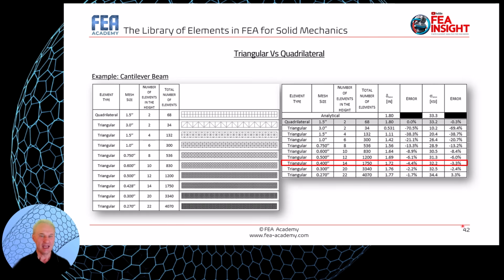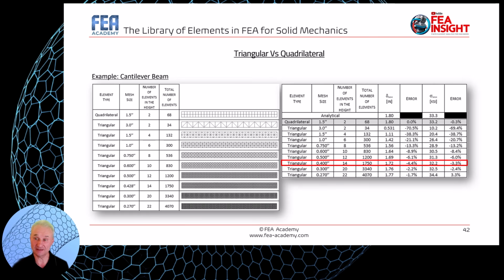The right table here shows you the results obtained with each configuration by running a linear static solution and comparing with the analytical solution. You can see that the quadrilateral element is clearly the best choice for accurately capturing the bending effect in a 2D shell mesh structure.